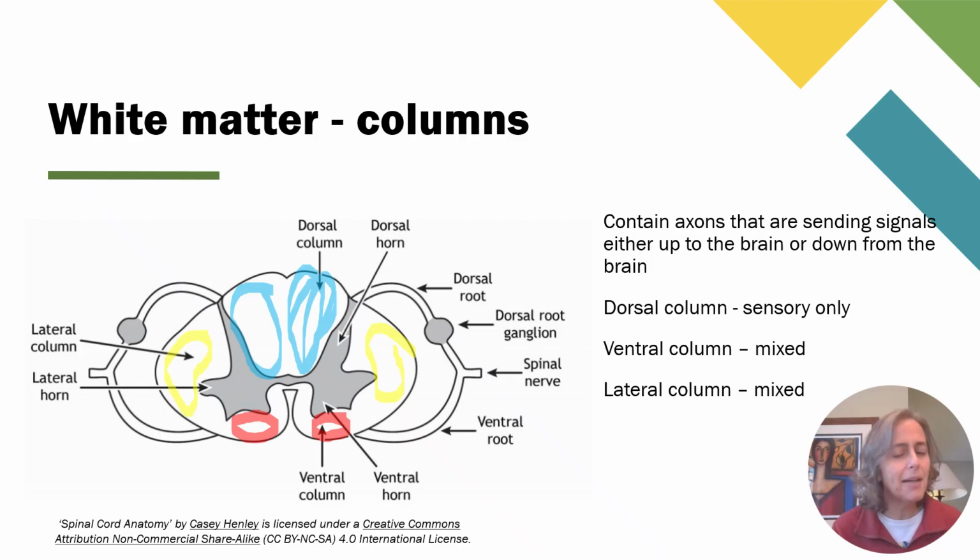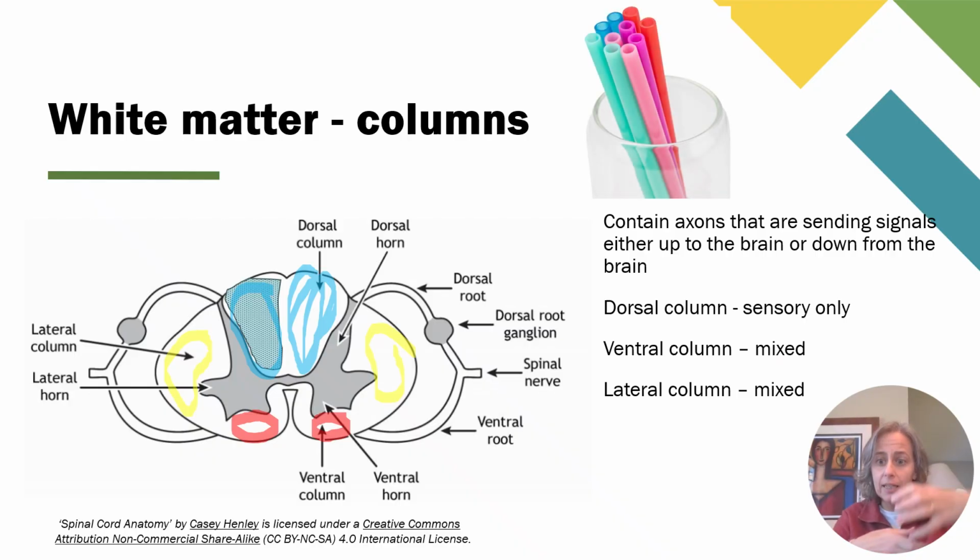Now let's remind ourselves this is white matter. So that means these are myelinated axons that are traveling through here. And it just so happens this is a slice of the cucumber, but the axons are traveling up and down through it. So here I animated a little thing. You can almost see little dots, like there's tons of little axons coming up through this particular slice of the spinal cord.